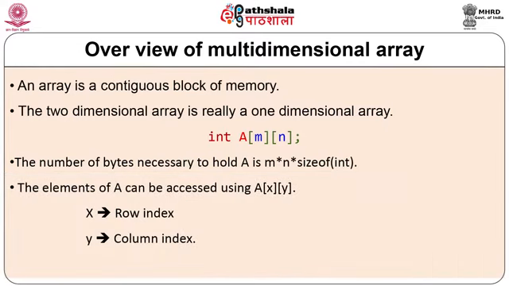The element of an array A can be accessed using A[x][y], where x can be thought of as the row index and y can be thought of as the column index. So generally any array can be written as A[m][n], where m is the row index and n is the column index.